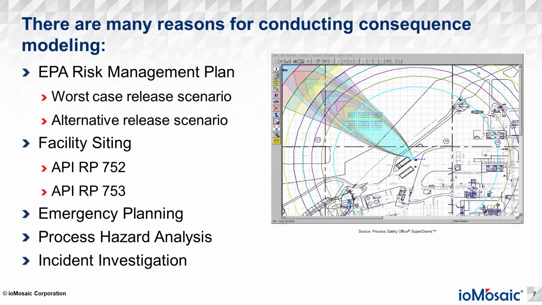So if you want to sharpen the pencil, you can use a more complex, more sophisticated dispersion model, and therefore your impact distances may not be as far. Or if you're doing facility siting, looking at the maximum credible events, or emergency planning, or it might be a PHA action item that you need to investigate further. Or in this case, incident investigation, trying to recreate an incident that's already occurred.